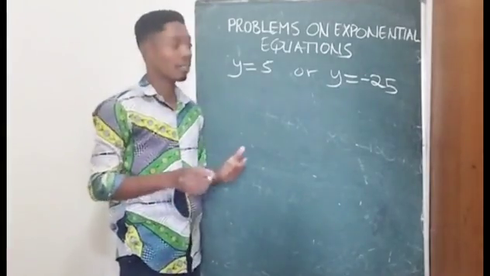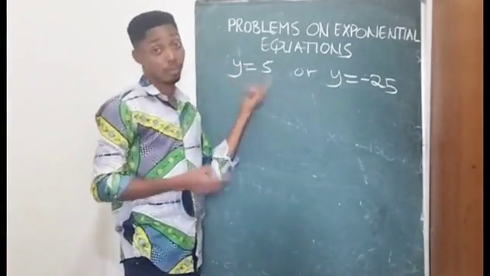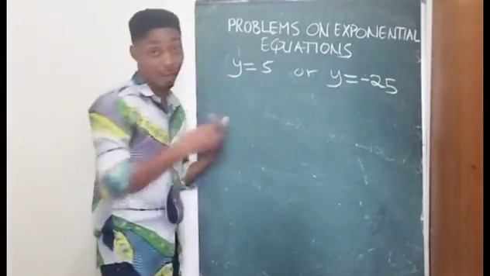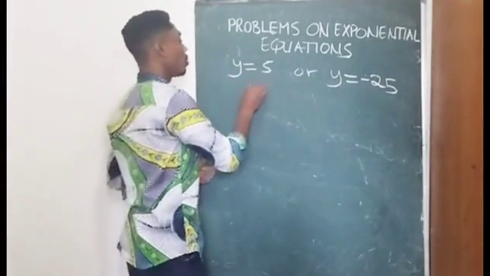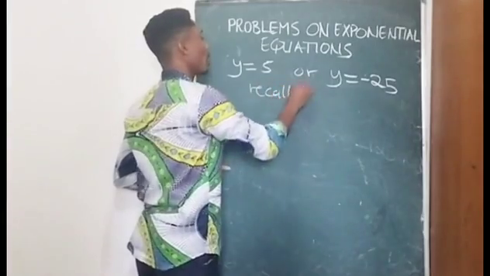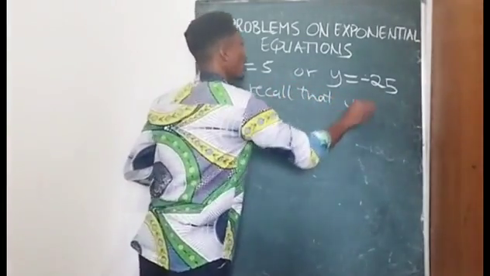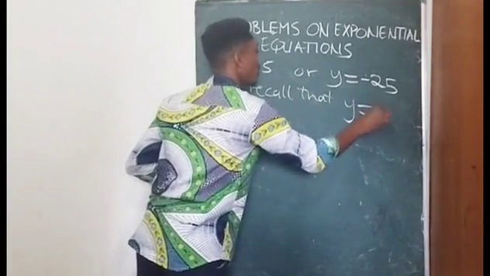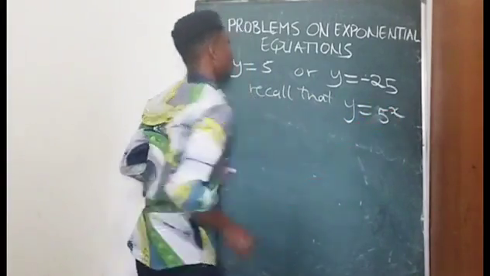Now at this point, we have solved by factorization or completing the square or formula method. Recall that y was given as 5 raised to power x.